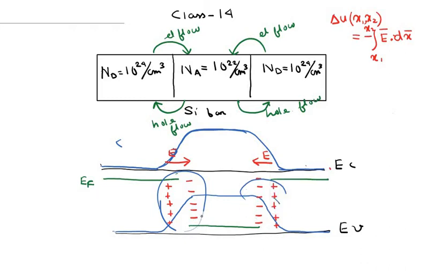Okay, so to solve this hill-like spatial band structure, you need to know about the charge concentration in this region and this region. This is obvious. So if you have the charge concentration in these two regions, you can directly solve this spatial band profile by using Poisson's equation. Okay, so let me write it here.